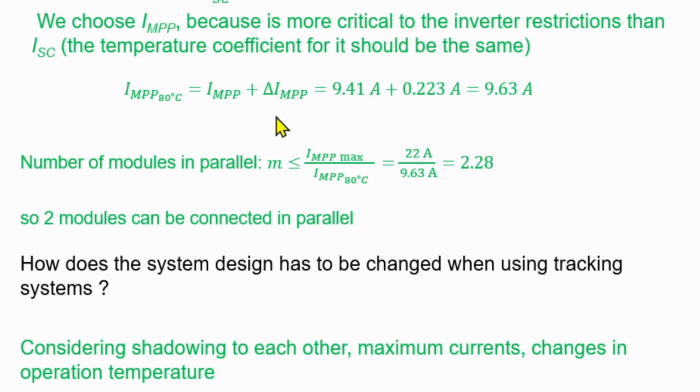And then the current under these conditions is 9.63 amps, and the maximum permitted current at the maximum power point is 22 amps, divided by this 9.63 amps. So we have a factor of 2.28. So we can connect two modules in parallel only, or two strings in parallel.